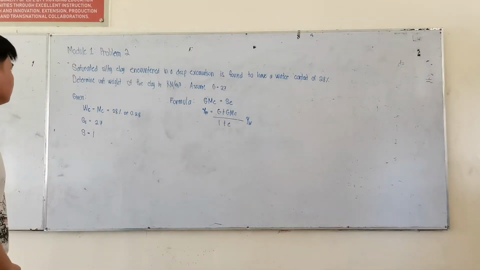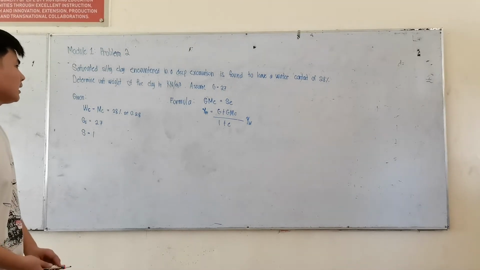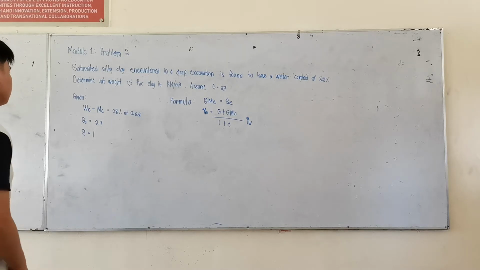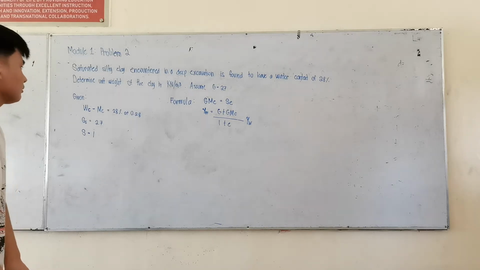Module 1 problem. A saturated silty clay encountered near a deep excavation is found to have a water content of 28%. Determine the unit weight of the clay in kilonewton per meter cube. Assume the specific gravity is 2.7.